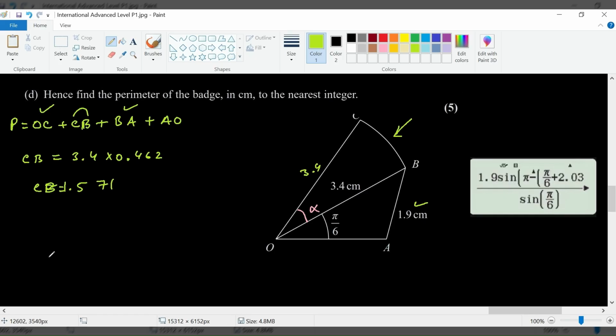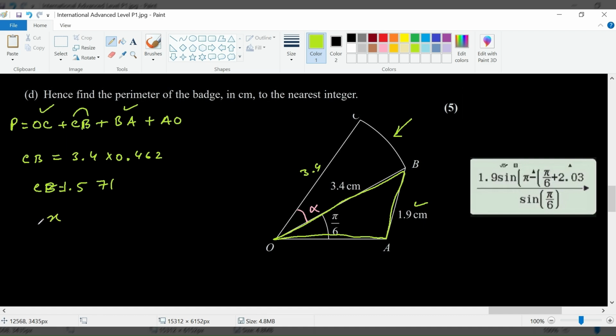And for that, we are going to use this triangle we are talking about, and in here we are going to use the sine rule.